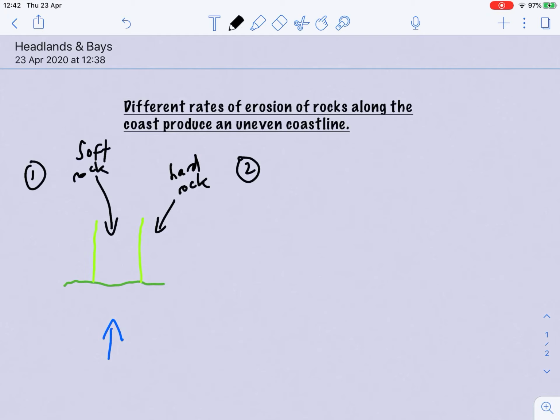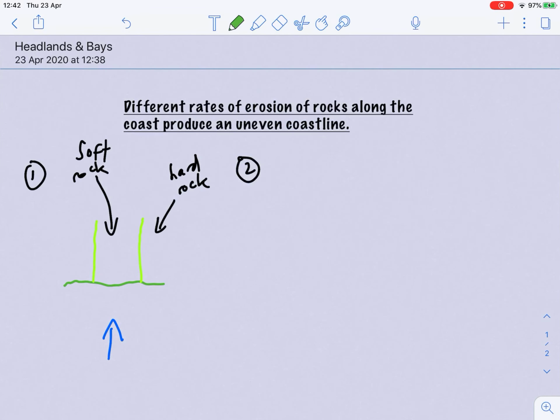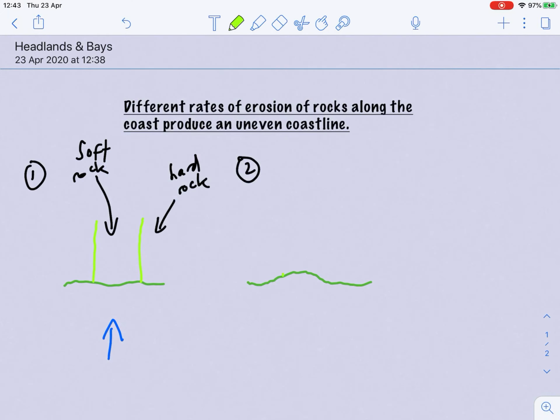But as we see by stage 2, we begin to see a change in shape of the coastline. We continue to mark out the different layers of hard and soft rock.